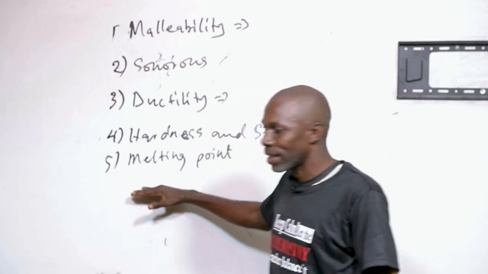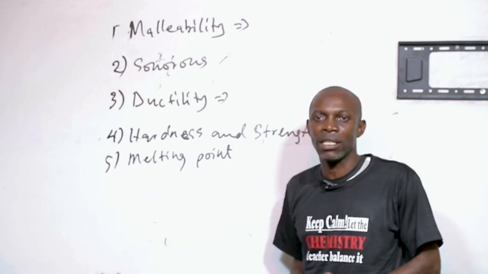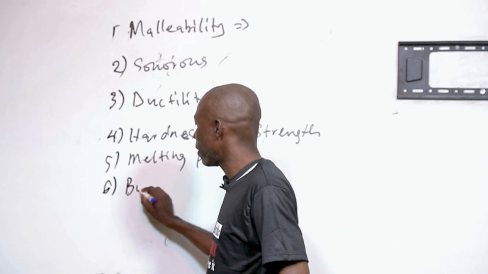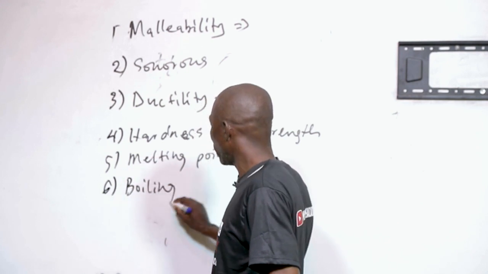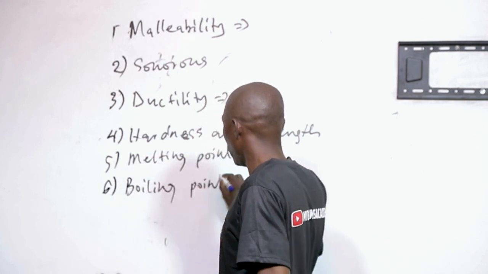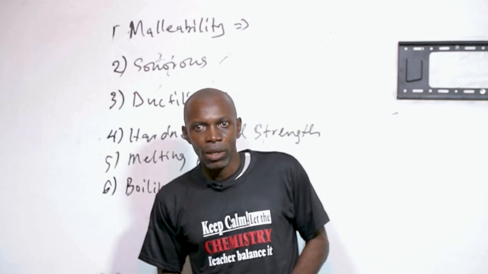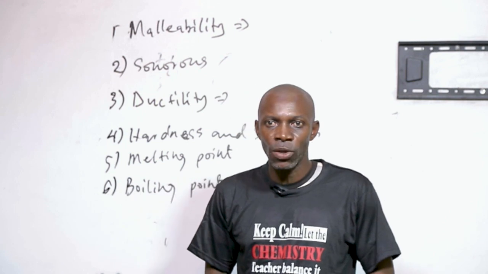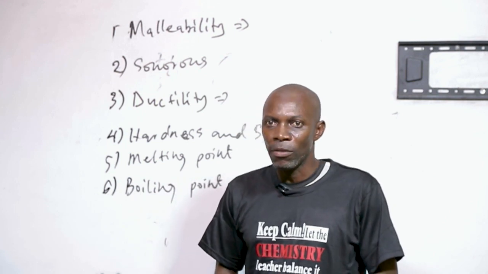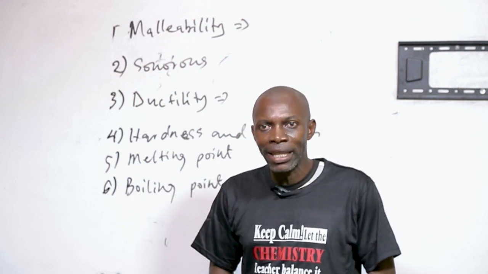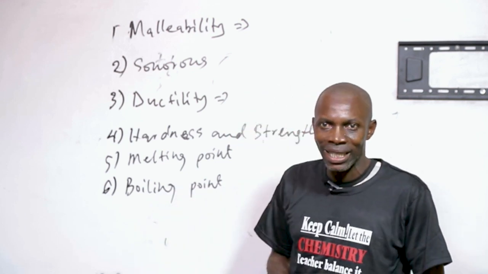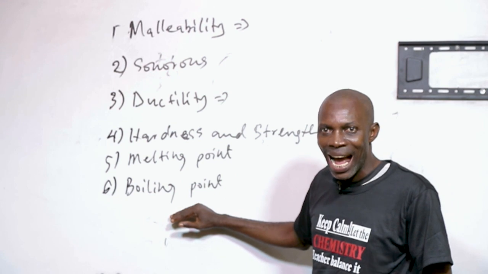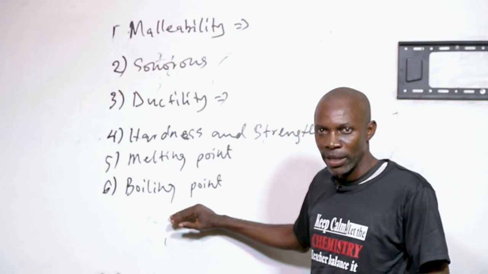So metals normally have high melting point. And when you talk about the boiling point, which is the temperature at which a liquid will turn into gas or vapor, it also requires very high temperature to convert the liquid metal into gaseous metal. So metals also have high boiling point.